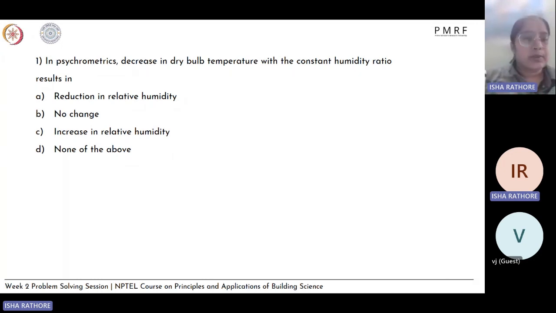So the first question is, in a psychrometric chart, a decrease in dry bulb temperature with a constant humidity ratio results in A, reduction in relative humidity, B, no change, C, increase in relative humidity, and D, none of the above. So what is the correct answer for this?